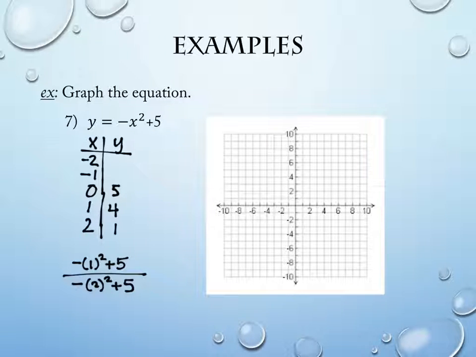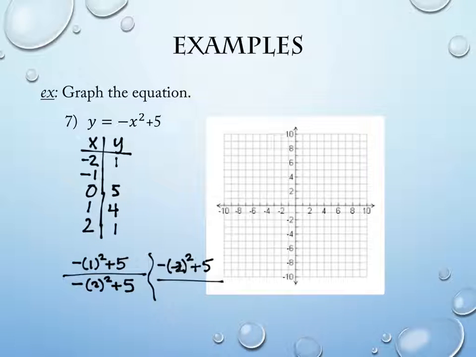All right, let's go back up now and get negative 2 and negative 1. So I've got negative 2 squared. So what's negative 2 squared? 4 with a negative in front makes negative 4, plus the 5 at the end makes 1.